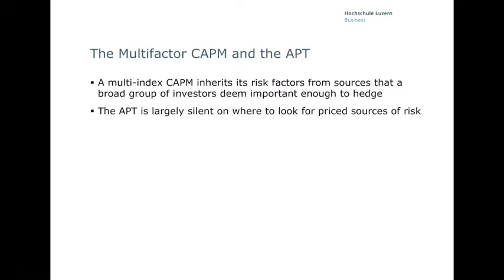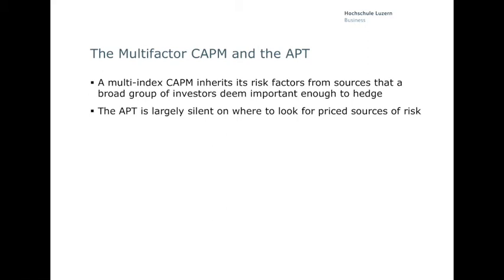The multi-factor CAPM and the APT. A multi-factor arbitrage pricing theory generalizes the single-factor model to accommodate several sources of systematic risk. The multi-dimensional security market line predicts that exposure to each risk factor contributes to the security's total risk premium by an amount equal to the factor beta times the risk premium of the factor portfolio that tracks that source of risk.